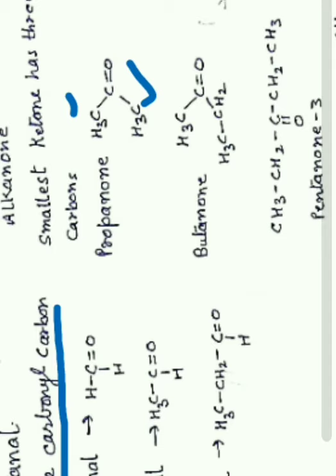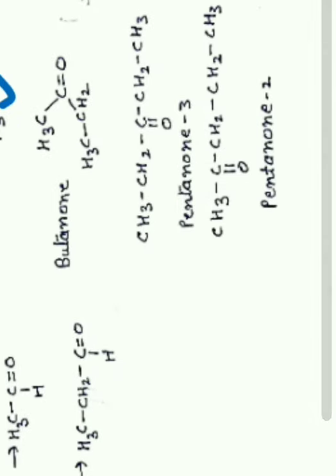Change arises when there is a chain of 5 carbon atoms. Now here you see, if it is pentanone, 5 carbon atoms, then there are 2 possibilities of presence of ketonic group. One is at carbon number 3, another one is at carbon number 2. So first compound pentanone will become incomplete name.